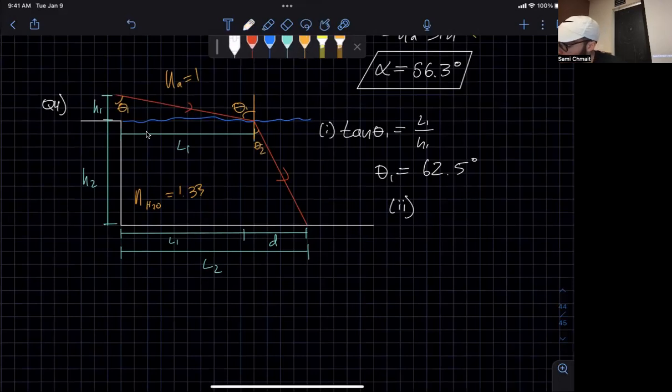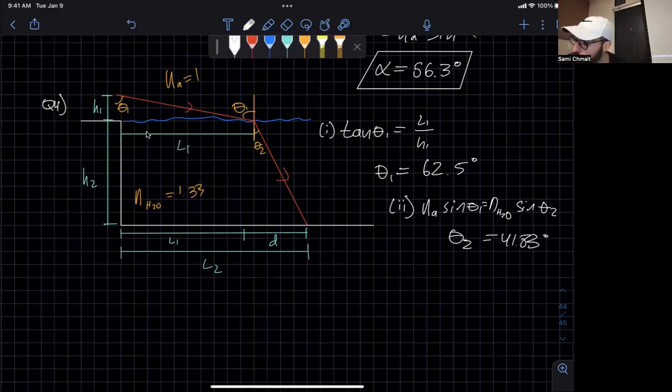So Snell's law, n through air, sine theta 1 is equal to n through water, sine theta 2. Solve for theta 2, that guy comes out to be 41.83 degrees.